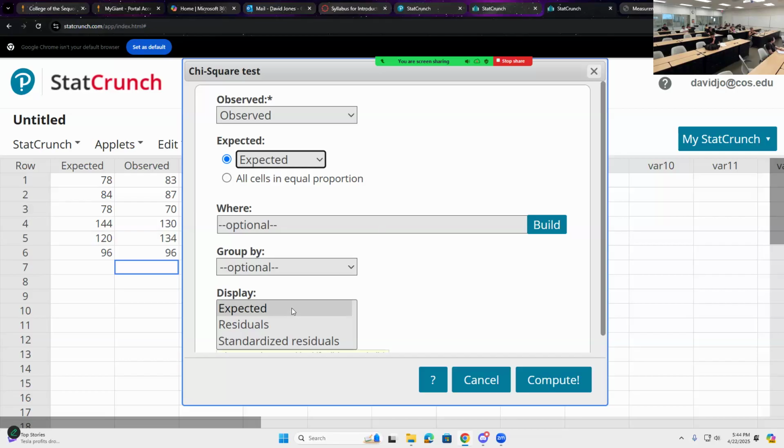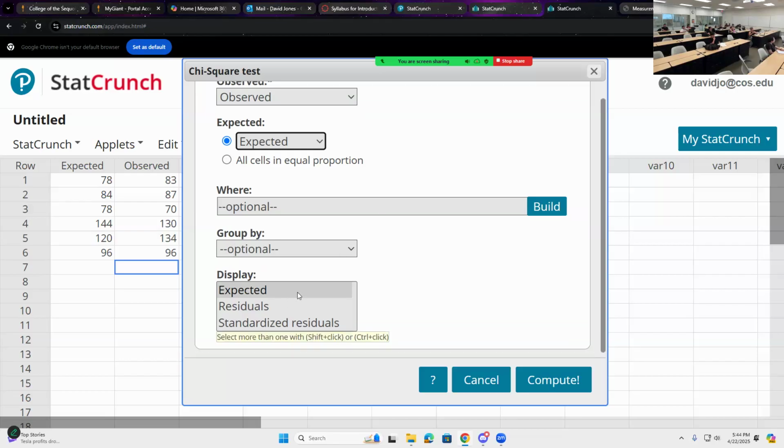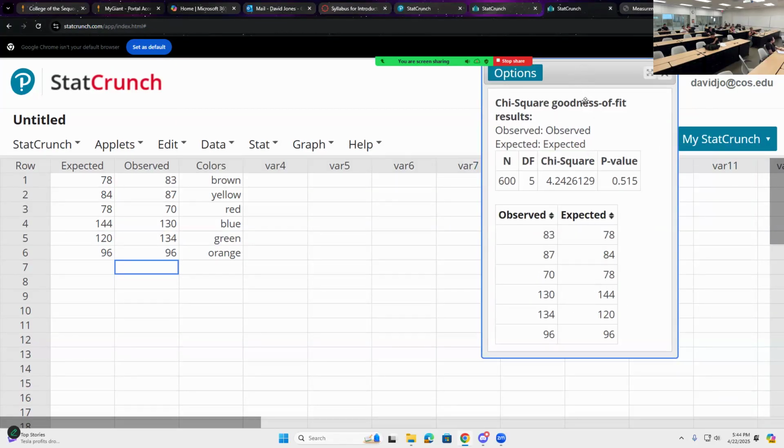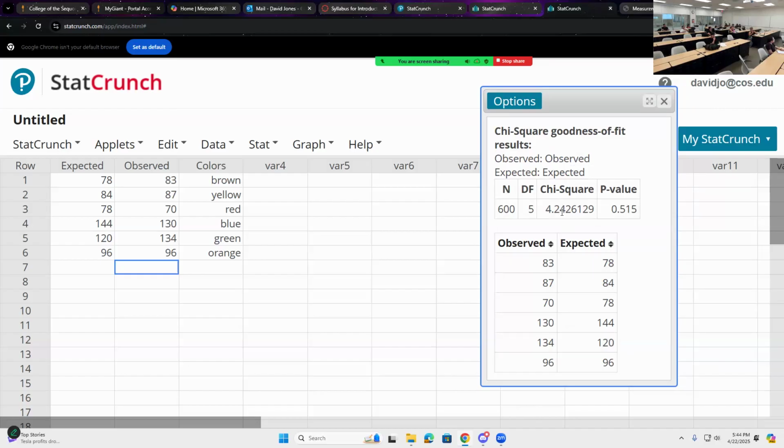Expected. And we'll just do display expected value. So what we want to write down is our test stat is 4.24, and we got a p-value of 0.515. I'm going to write those down.